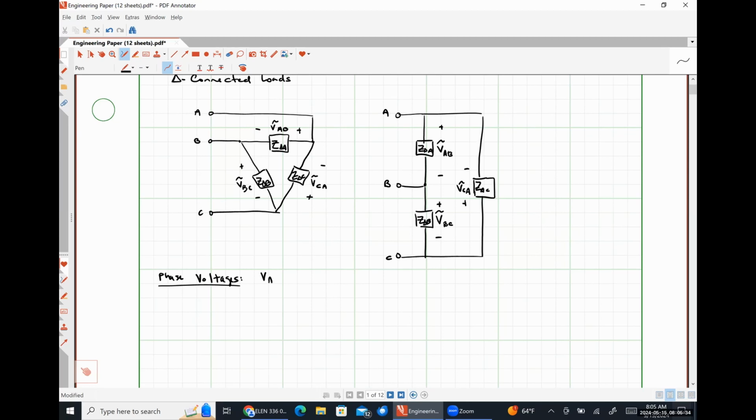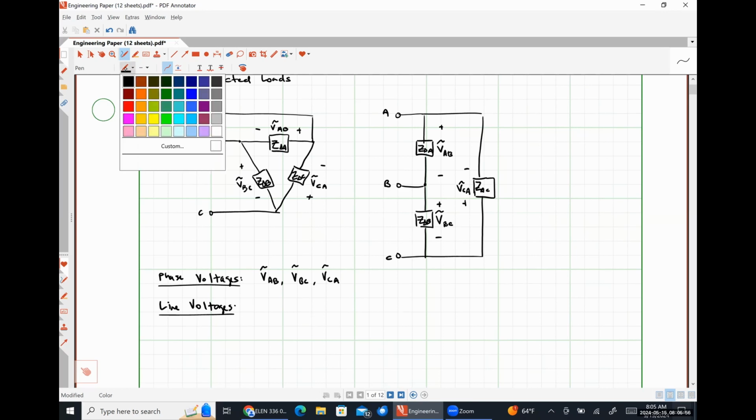So we have VAB, VBC, and VCA. What about my line voltages? Same exact thing.